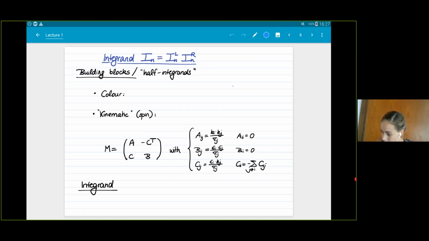So there's going to be, as we said, the integrand decomposes into these two building blocks or half integrands, and we're going to pick these from a set of building blocks, which are either going to be some color structure that I'm usually going to write C_n for color. And if you've seen something like the Parke-Taylor factor before, this is actually something you could probably guess if you stared at this long enough.